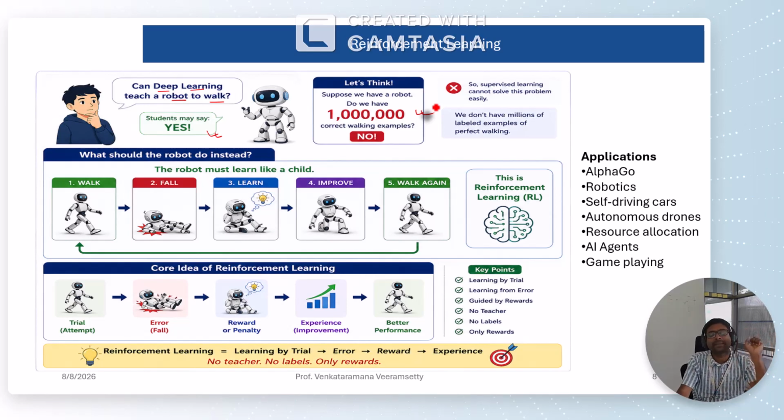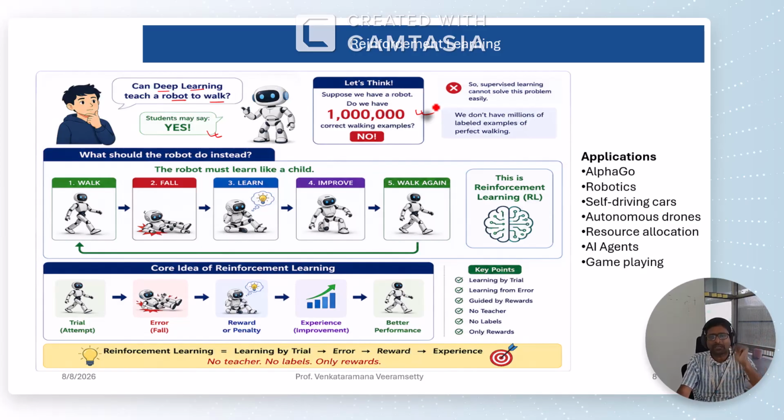The same thing happens in the case of a robot also. If you want to make the robot walk in a particular environment, you have to provide different labels to work as deep learning. It is very difficult. You have to provide lakhs of labeled data. That is difficult to train the model to learn in an environment like a deep learning approach.